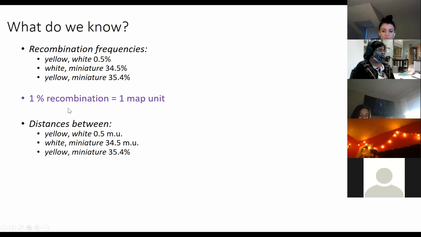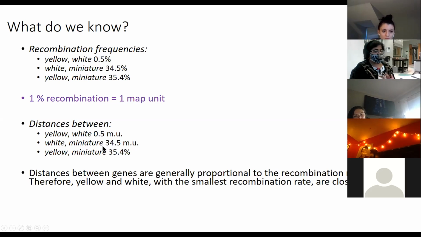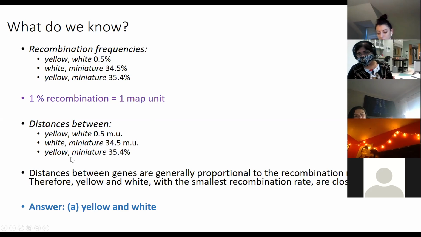So in this case, the distances between these genes are 0.5 map units, 34.5 map units, and 35.4 map units. So out of these, since this is the lowest number, they are the closest. That means yellow and white are the closest, which makes A the answer. Does that make sense?